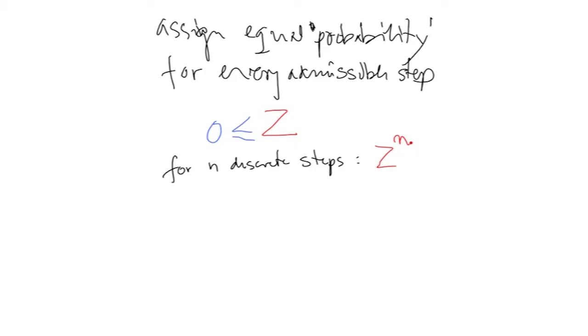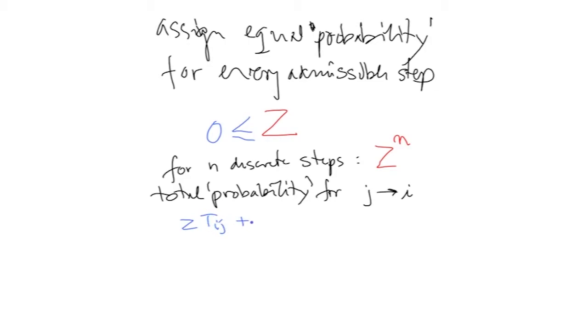So now we can compute a total probability for transition starting in region J and ending in region I as probability that we go one step, probability that we go 2 steps, we have to pay penalty z squared for that, t squared ij.